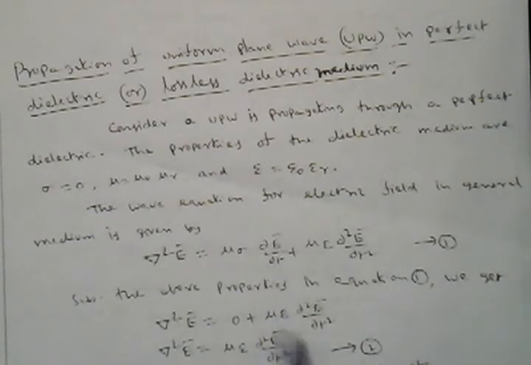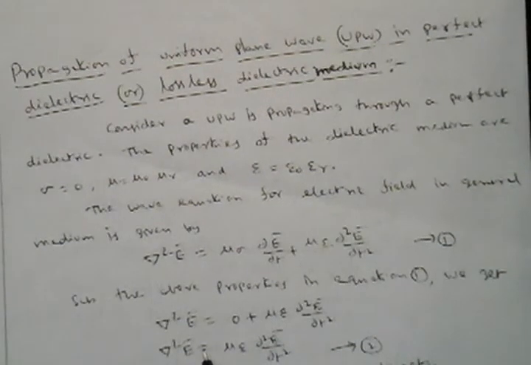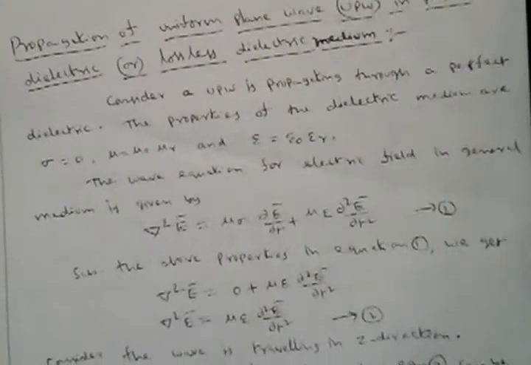Now we need to obtain the solution of this equation in terms of E bar only. That gives the solution of our analysis of propagation of a uniform plane wave through a perfect dielectric medium. Consider the wave traveling in the z direction.